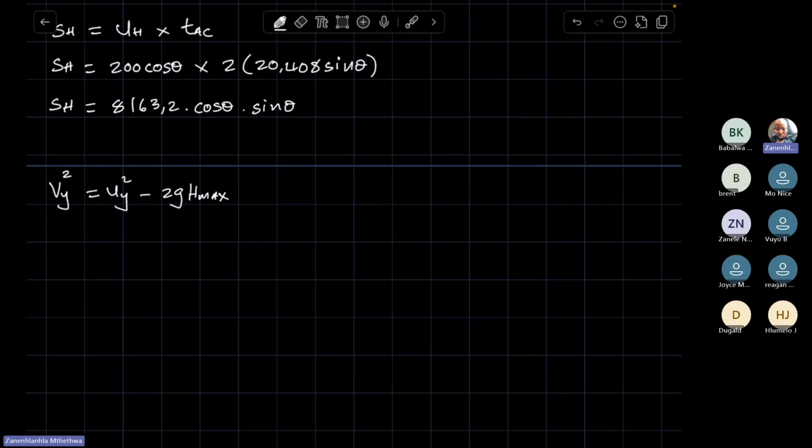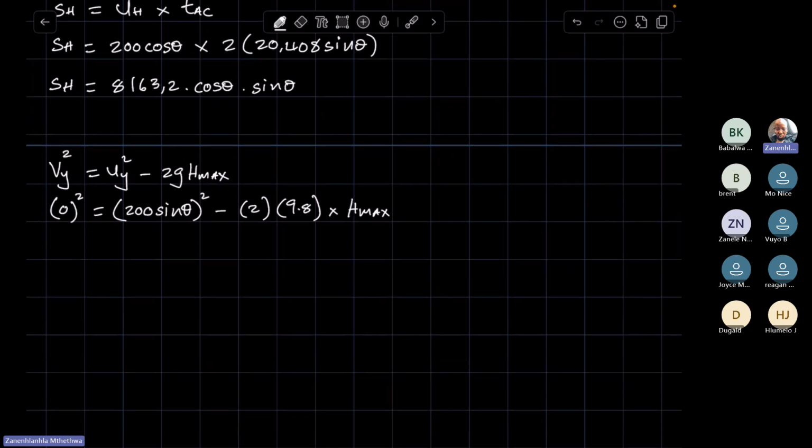Now this is 0, because this is at the apex. And then Uy is 200 sine theta, all of this squared, minus 2 times 9.8 times h max.